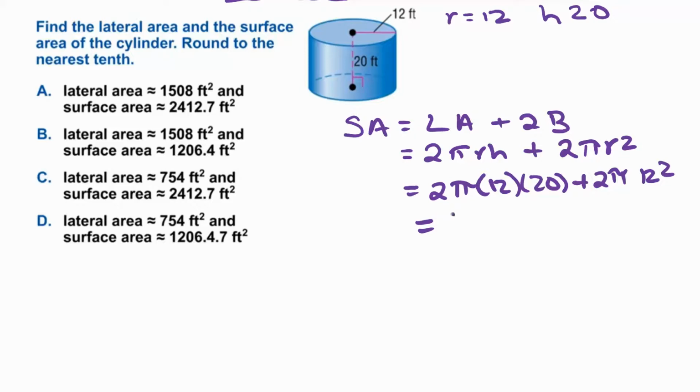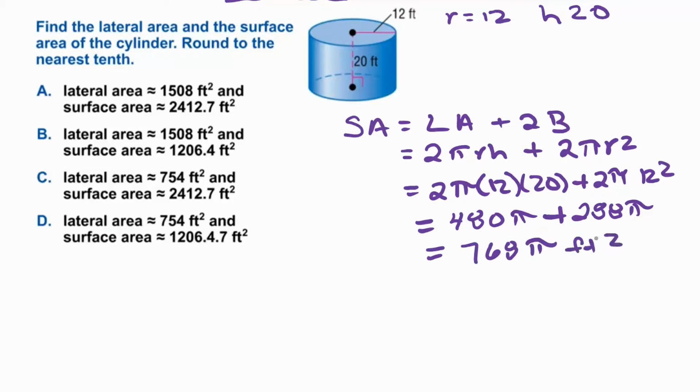Which would give us 480 pi plus 288 pi, which is 768 pi feet squared for the exact answer, and the approximate answer would be 2,412.7 feet squared.